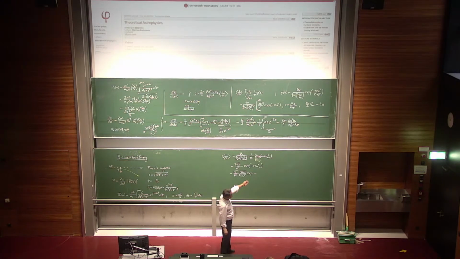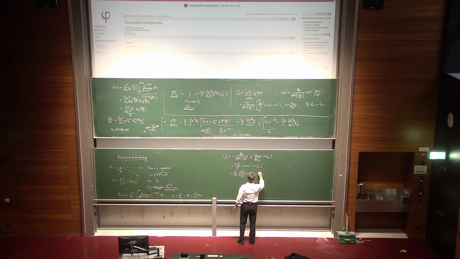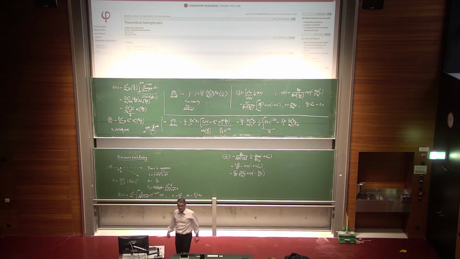V min square is 2 h bar omega divided by me. So what remains is just an h bar omega divided by kBT once I insert the constants. Are the units correct?